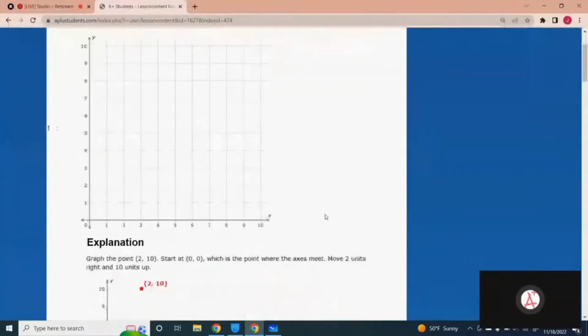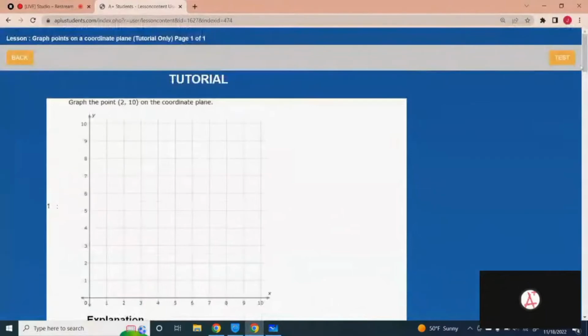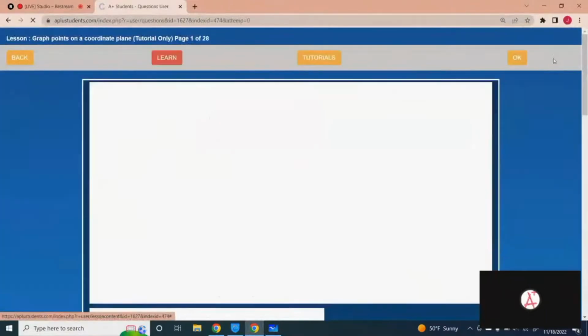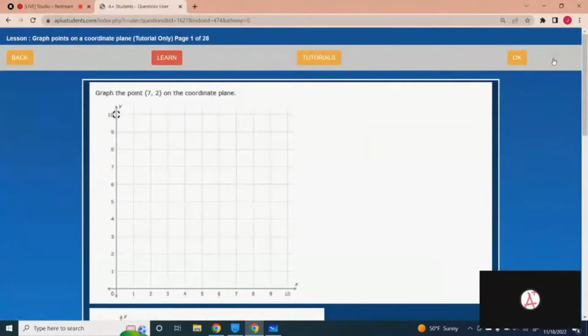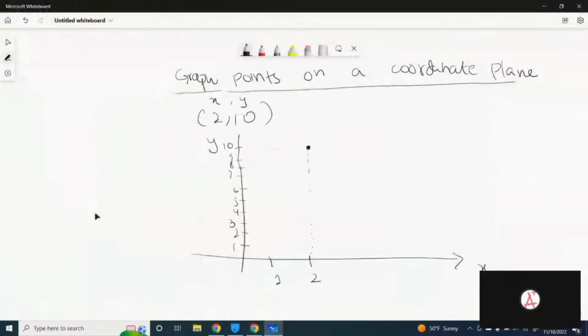The next one is, let's start with a test. Okay. Graph the point 7, 2 on the coordinate plane. So you have 7 and 2.